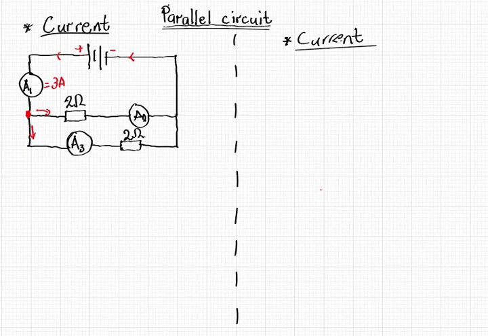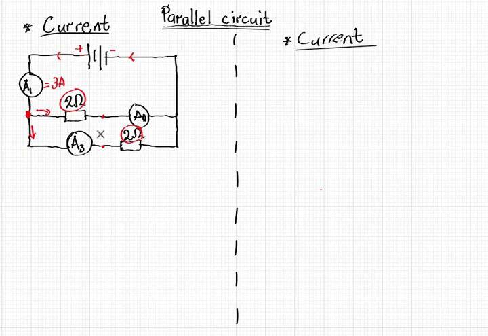So in this case, what causes resistance, or opposes the charges as they try to flow? Two resistors. In this branch, that's 2 ohms, and on this one is also 2 ohms.